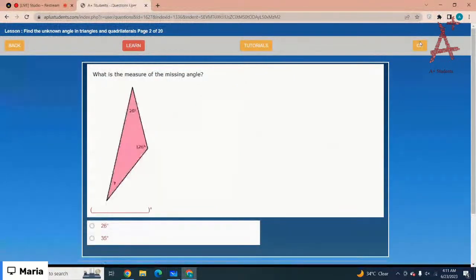Okay, what is the measure of the missing angle? Yes, that's the one we did in the tutorial. So the angle is 26 degrees. Got it?